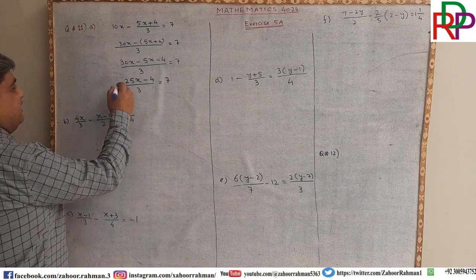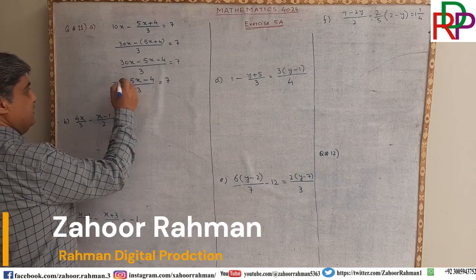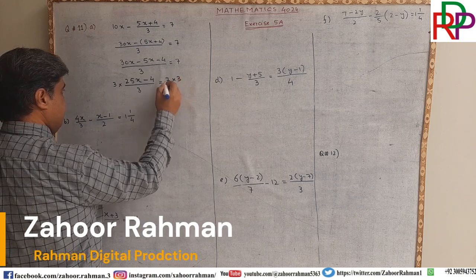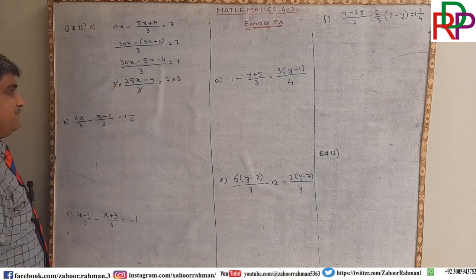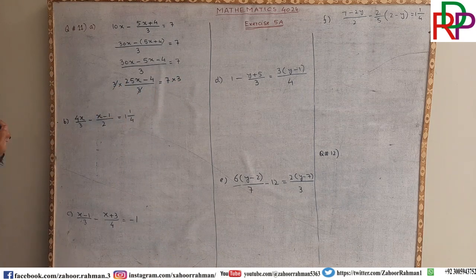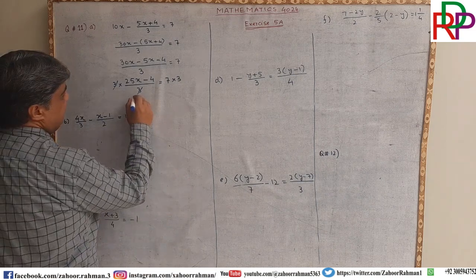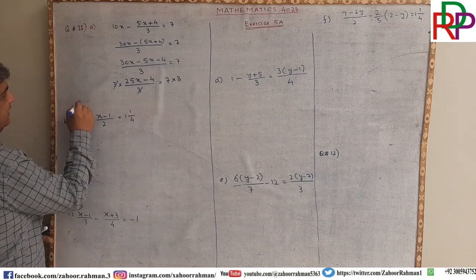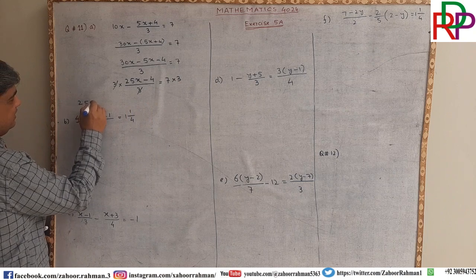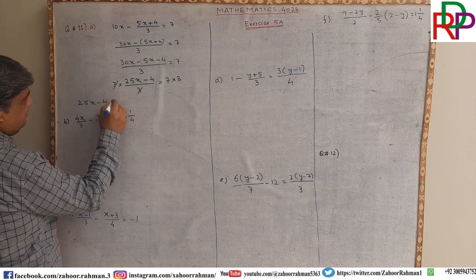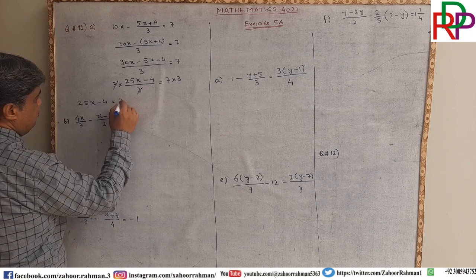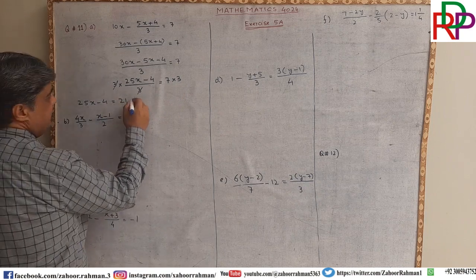Multiplying both sides with 3 because we want to remove this 3 first. The only thing which we will be left with on the left side is x. All the other things will be on that side. So I am writing 25x minus 4 is equal to 21.